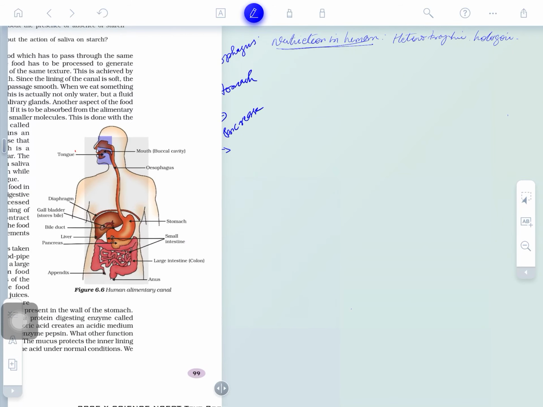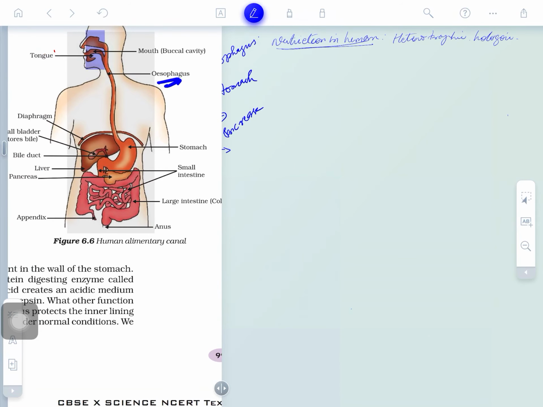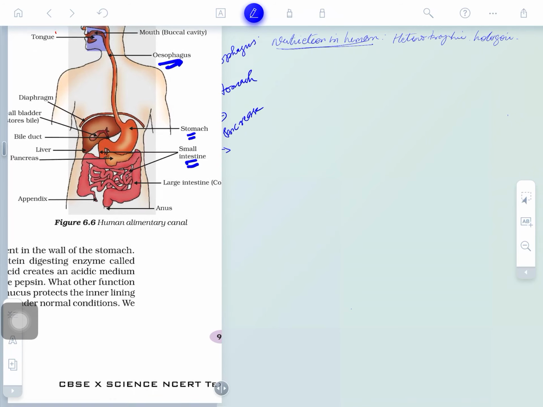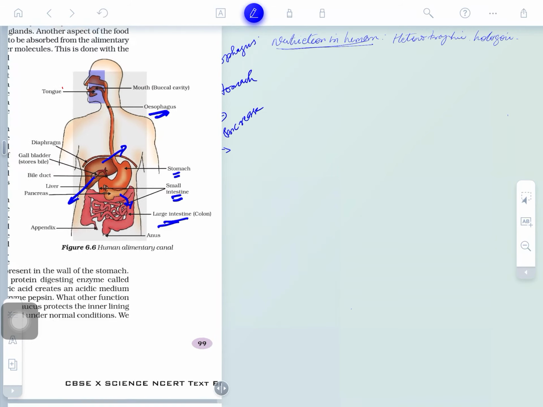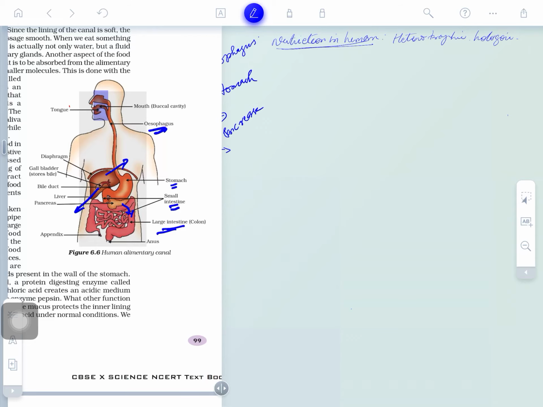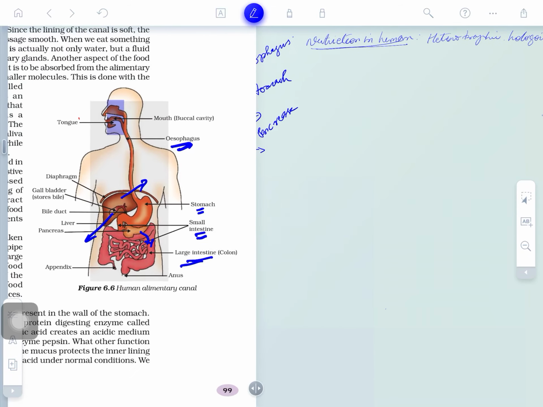A well organized system of tissue called the human alimentary canal, which consists of the long esophagus and stomach, the sac-like structure, the highly coiled structure called small intestine, and the large colon, called large intestine, and secretory glands called liver and pancreas, the two secretory glands. The temporary storage is called gallbladder. These are the components of the human digestive system, and the functioning of each is to be written here separately.